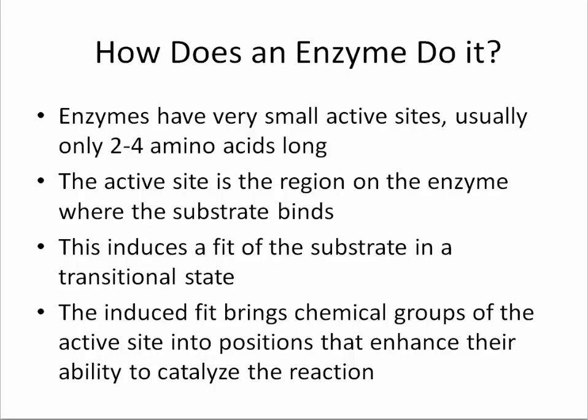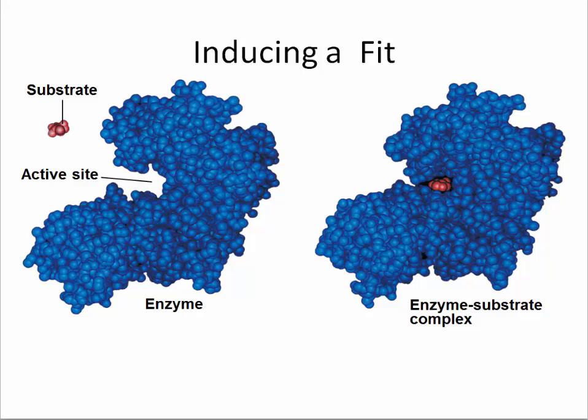What it does is, when the substrate binds to that active site, it will induce a fit of the entire protein. The substrate will make the enzyme fold a little bit differently into a transitional state, and that's because the chemical groups of the active site will actually move to do this. It's just more favorable to do it that way, like this.